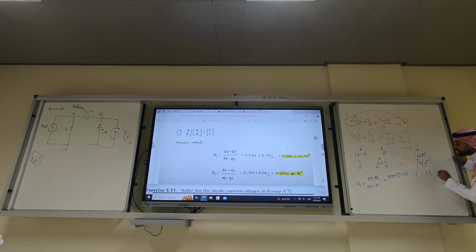Minus BF. What is BF? B is 1 over j5 times F, which is 1.5 angle 0, over AD, 1 over 10 plus 1 over minus j5 times 1 over 10j plus 1 over minus j5, minus BC, which is 1 over j5 times 1 over j5.